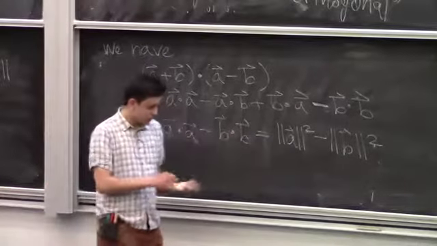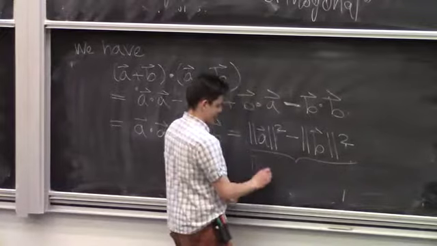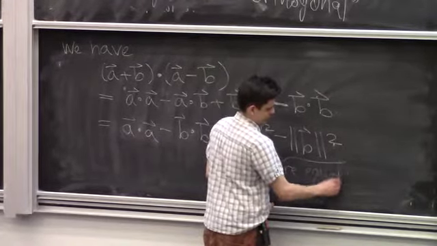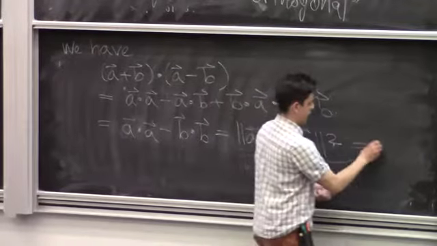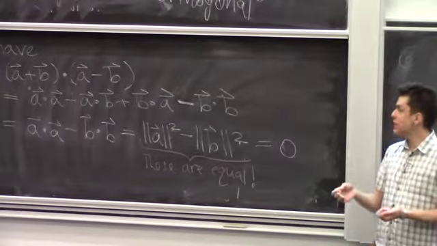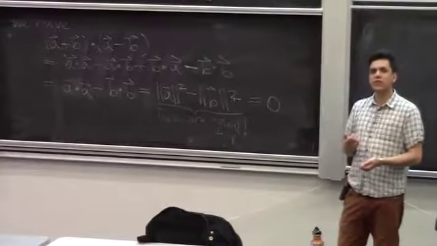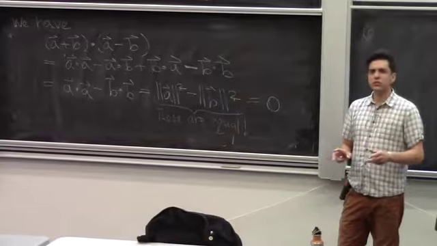These guys are equal. Okay, so we wind up getting 0 in the end. So if the vectors have the same length, then the diagonals meet at a right angle. Okay, any thoughts or questions there?